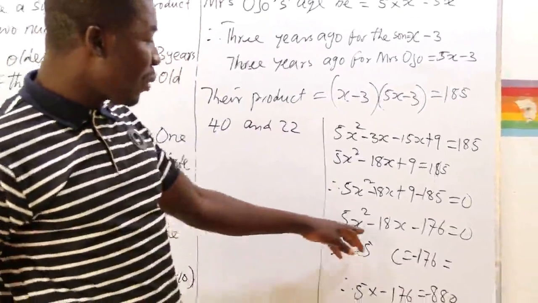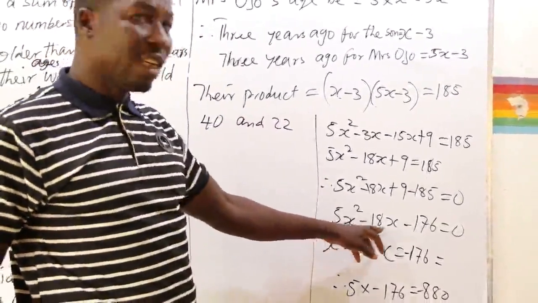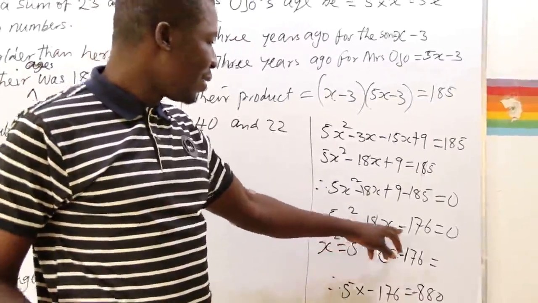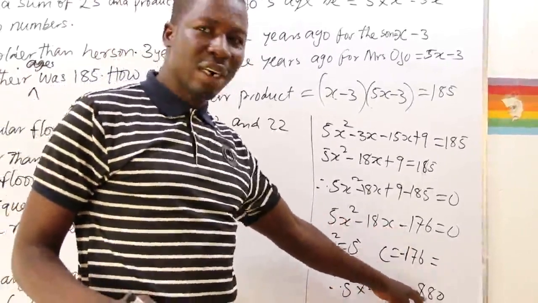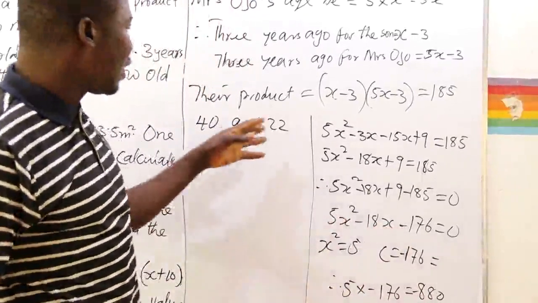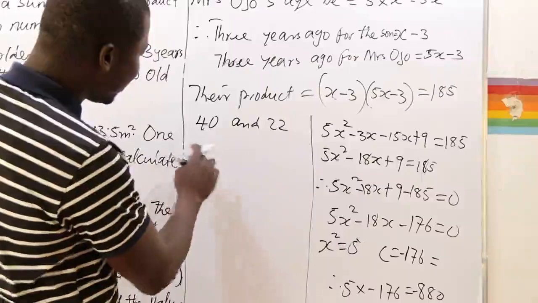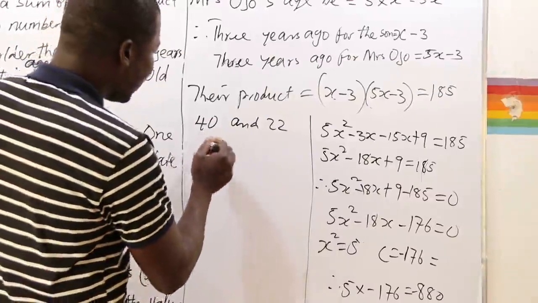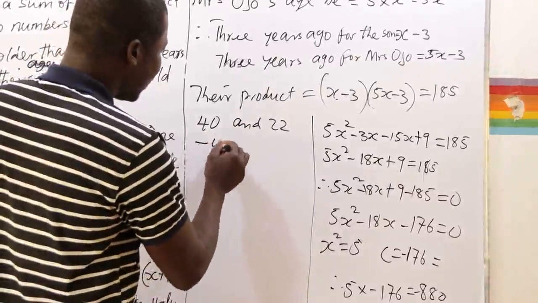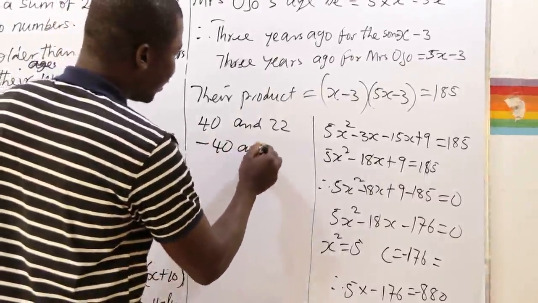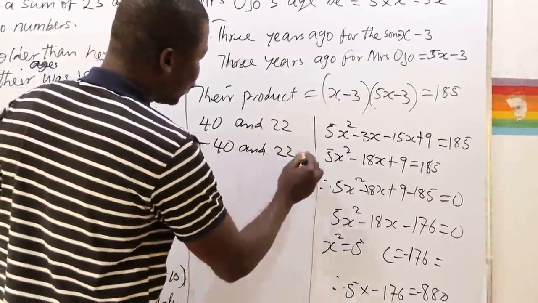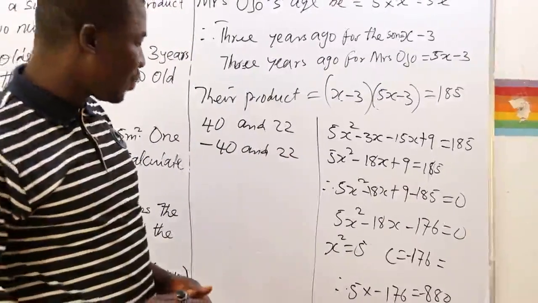But it means we are going to have minus 18 and minus 880 if we find the sum and the product of these. So in this case, minus 40 and 22 will satisfy this problem.